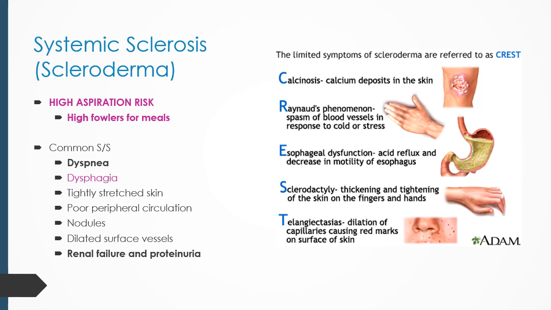So we get those dilated surface vessels. Additionally, they can have shortness of breath, and they can have renal failure and proteinuria. So we're looking at kind of the CREST syndrome with additionally some shortness of breath and renal failure, leaking protein into the urine.